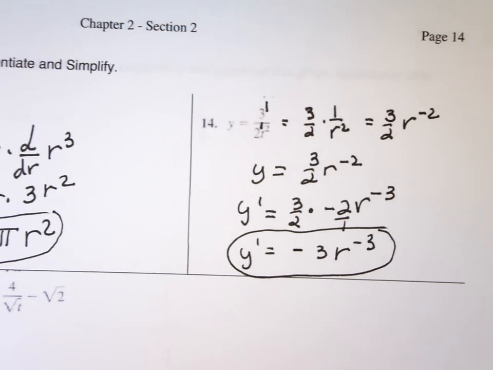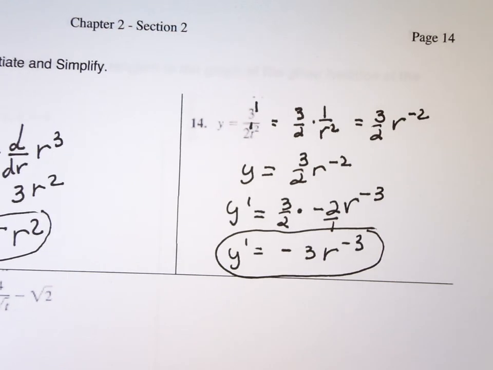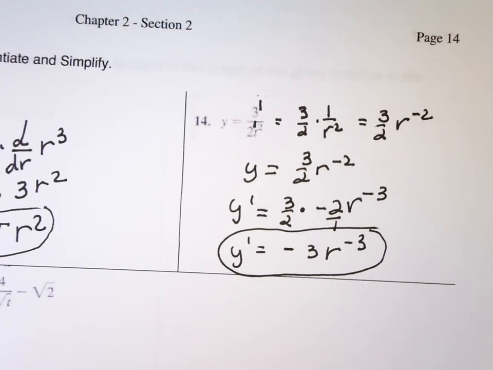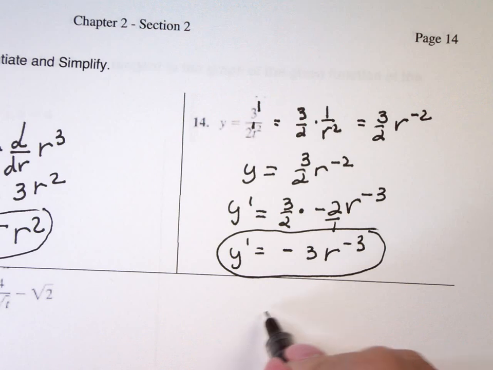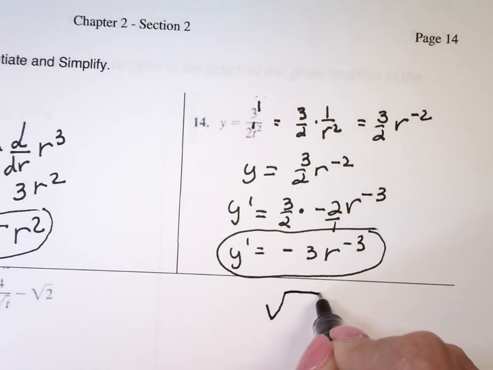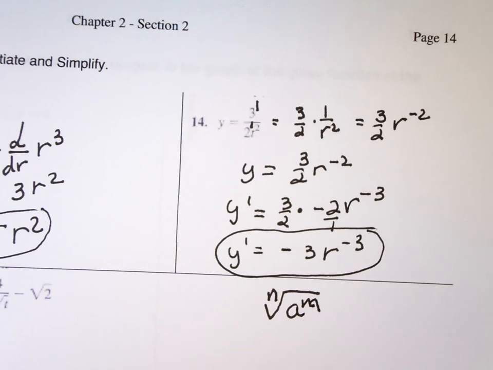Now, this is something that turned up last hour that a lot of people had problems with, and that it's converting radicals. If I have the nth root of a to the m power, I need to have two different things.